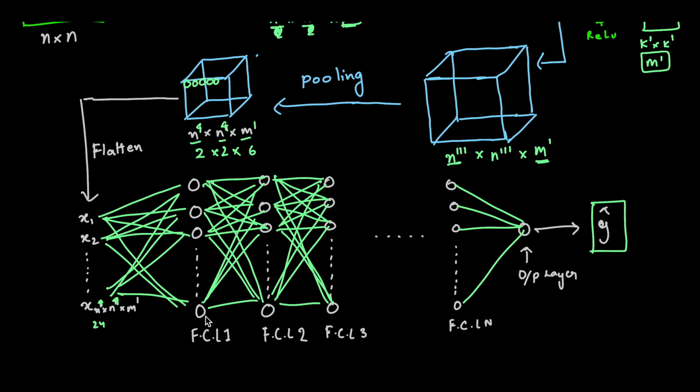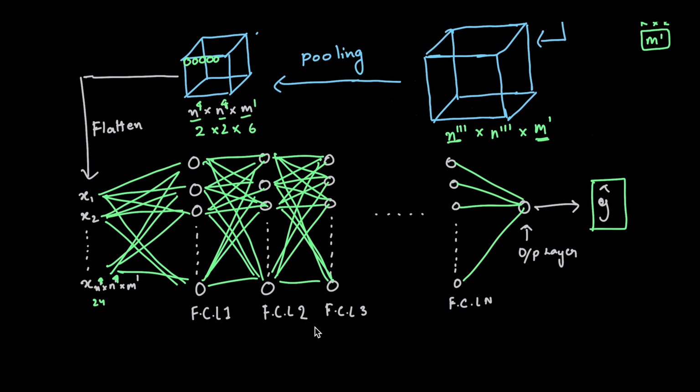And on that, we'll simply apply the ANN part. So instead of hidden layers, we'll have fully connected layers. That is the only difference. You can also think of these as hidden layers. If you haven't seen ANN, then please go check out the videos. Then you might understand this portion completely.